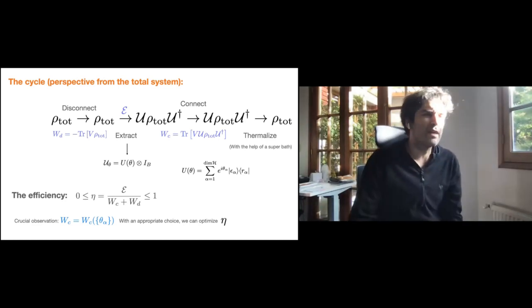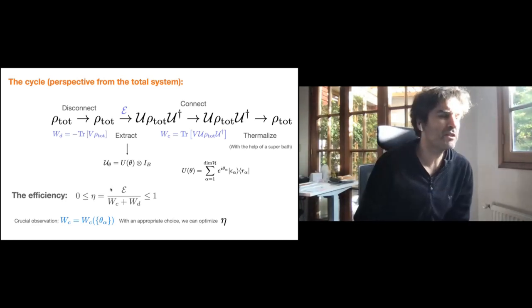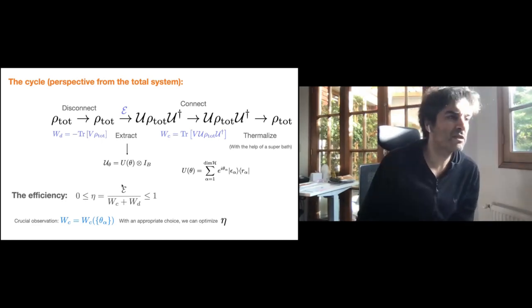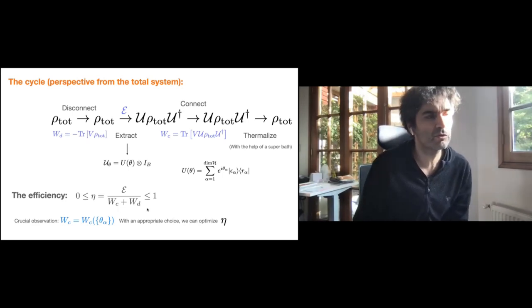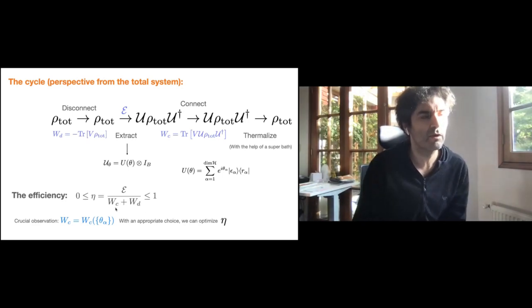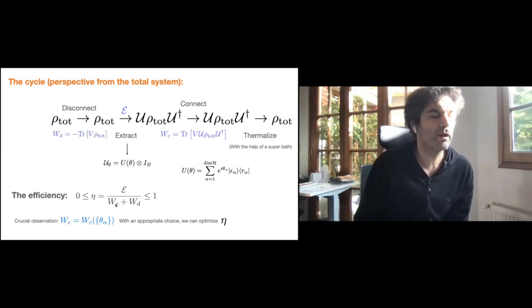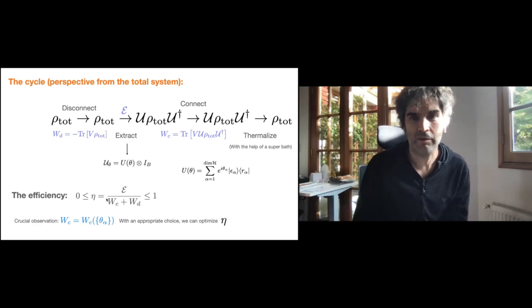So this is the cycle, and we can define an efficiency, which is the energy that we extract divided by the cost to run the cycle, which is the sum of the connection work plus the disconnecting work.